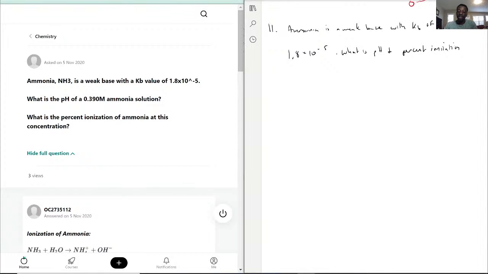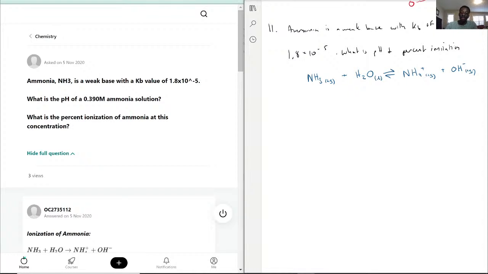So we write down our equation: NH3 aqueous plus H2O liquid turns into NH4 plus aqueous plus OH minus. Here you should be able to see that one of the hydrogens from the H2O moved and attached instead to the nitrogen of the ammonia.